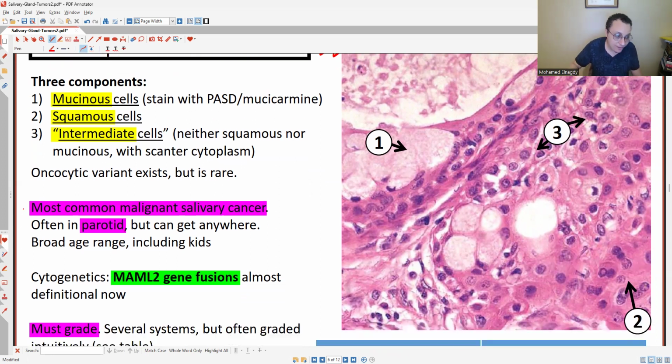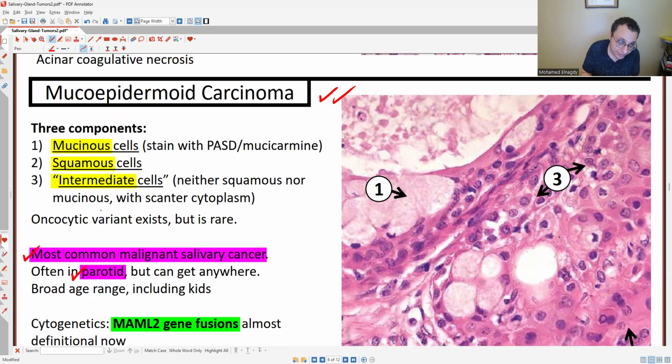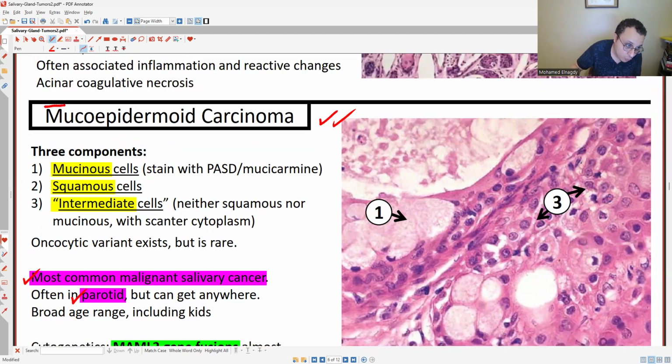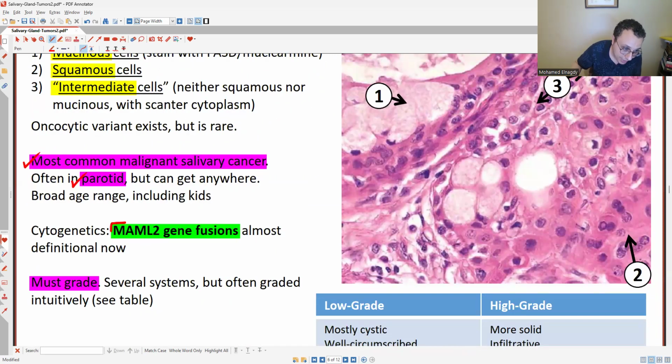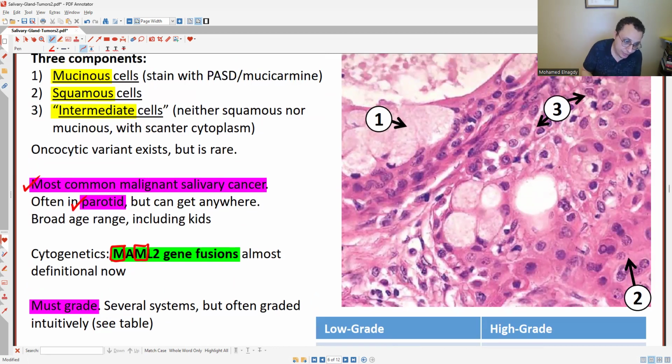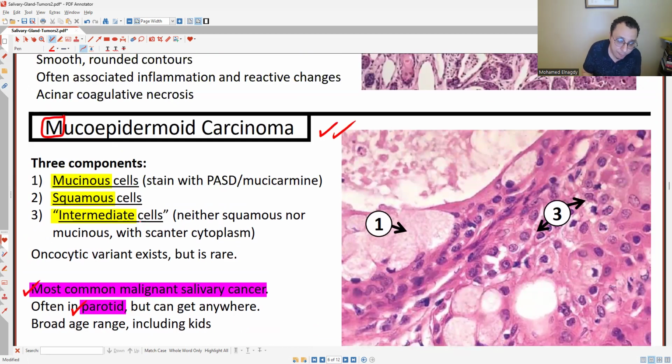That's the most common malignant salivary gland tumor, and it happens highly likely in the parotid gland, and it's mucoepidermoid with an M, and it shows MAML2 gene fusion, which is MAML2 fusion, M and M for the mucoepidermoid carcinoma.